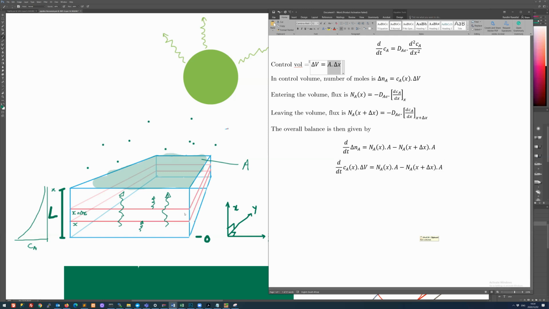That's our choice of subvolume. So we'll take this out as a constant of this differentiation. And then for delta V, we can substitute A delta X. And then for NA at X, we've got this term, the diffusivity.